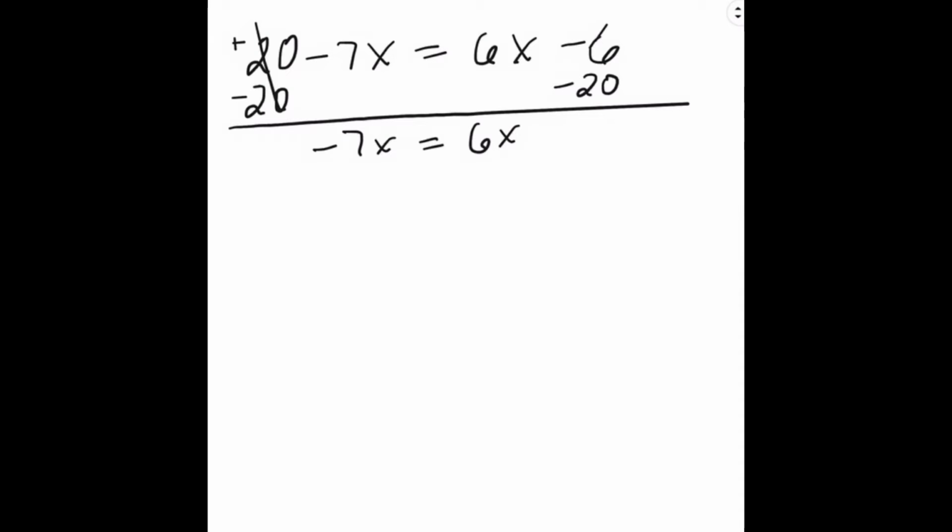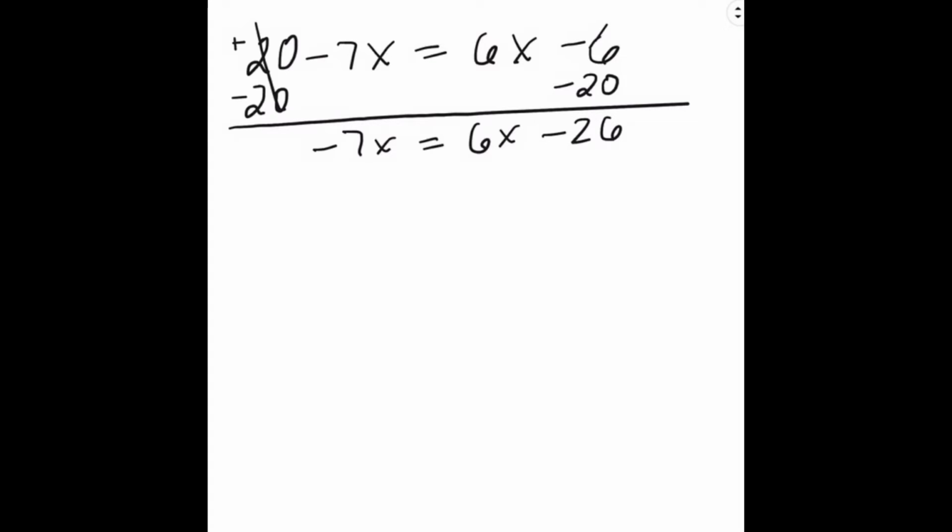And now we'll combine negative 6 and negative 20 for a negative 26. So now it's time to combine negative 7x and 6x. If you're thinking about taking negative 7x and moving it over to the right to be with the 6x on the right side of the equal sign, will that work? No, that won't work because we'll have a 0 on the left side of the equation.